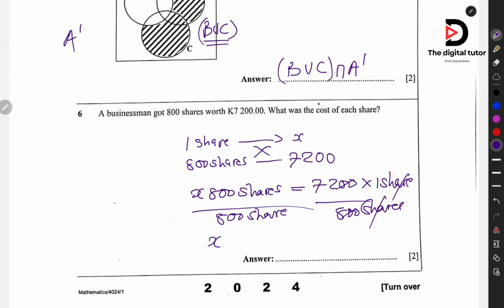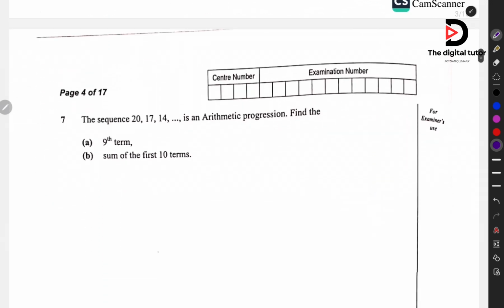So 7,200 divided by 800, cancelling out the zeros, is 72 divided by 8. 72 divided by 8 should give us 9. So in terms of money it is 9 kwacha. Please be able to confirm this. So one share is equal to 9 kwacha. So that is how we simply work this one out.